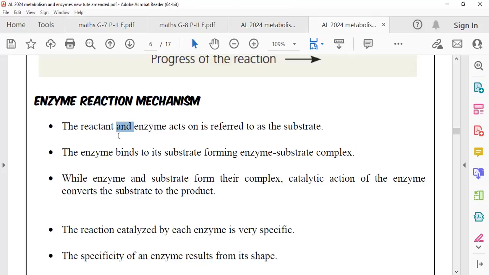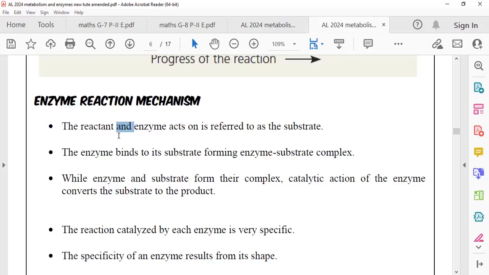Then starch is converted to maltose. That is called the product. Maltose is called by the name, what is it? Product. Are you clear? Yes, sir.